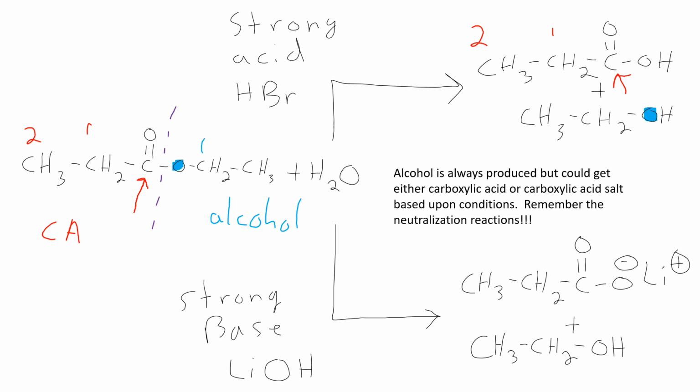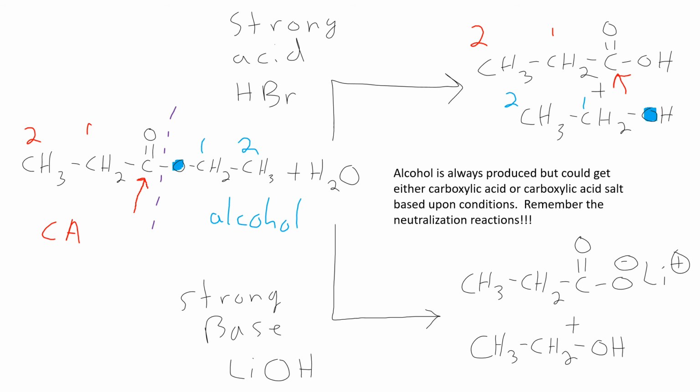Well, it's attached to a CH2. Label that 1. That means I better have that same connectivity in my alcohol. What's that CH2 attached to? It's attached to a CH3. I better have that same connectivity here. So you can see, you can use this to start mapping on what you're going to make. So when you split up an ester using strong acids, you're going to get a carboxylic acid and an alcohol.